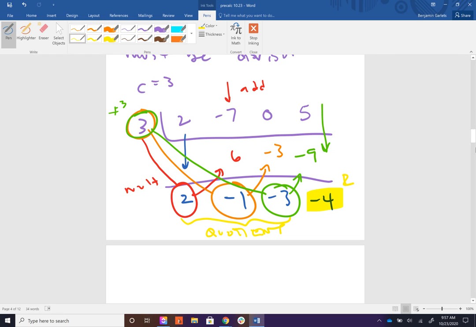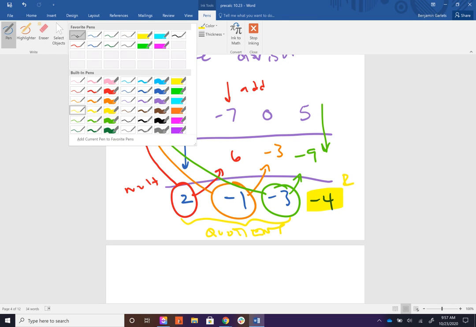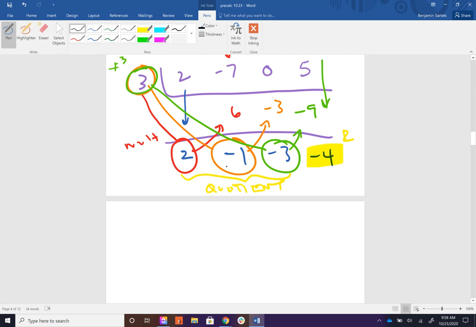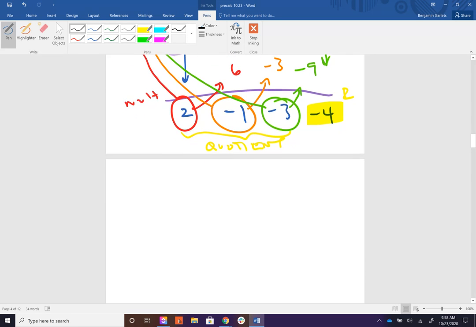Because we are dividing a cubic by a linear, we're going to be left with a quadratic. So a third degree divided by a first degree leaves you with a second degree. There are two different ways that we can write this out.